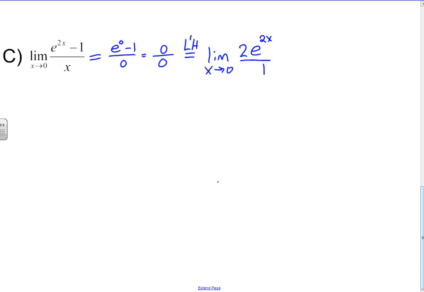Now let's try substitution. Putting 0 in, I'd have 2e to the 2 times 0 over 1, which makes this 2 e to the 0, which is 1, and the answer turns out to be 2. The limit is 2.